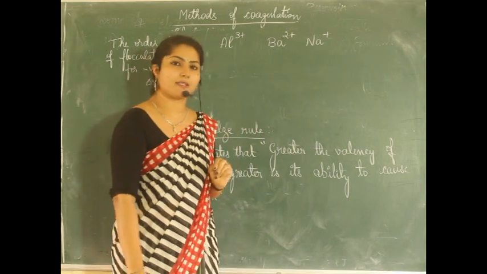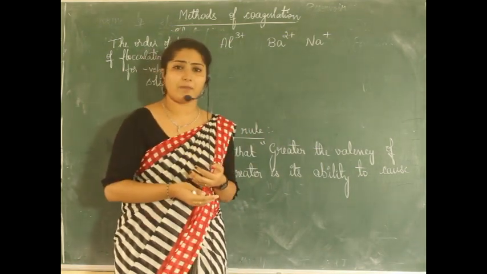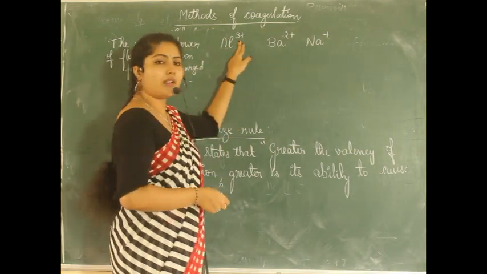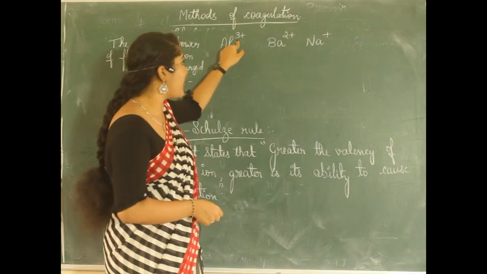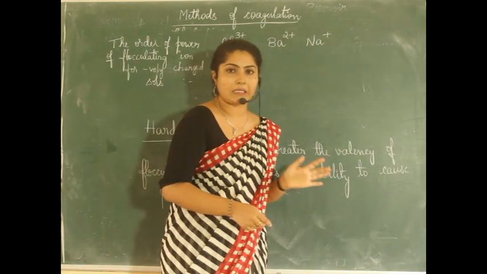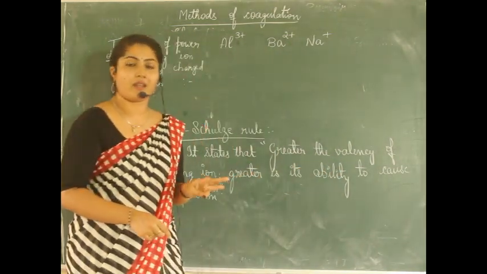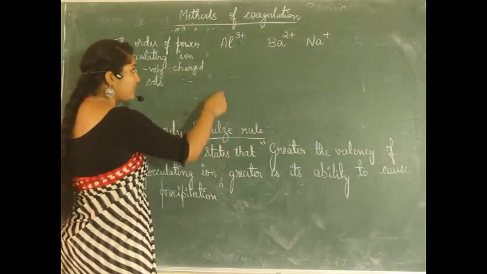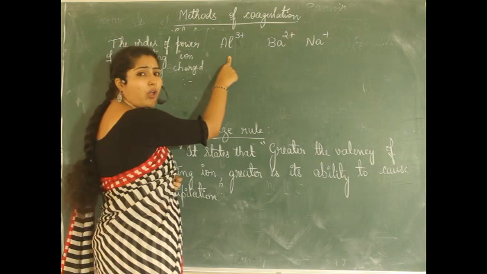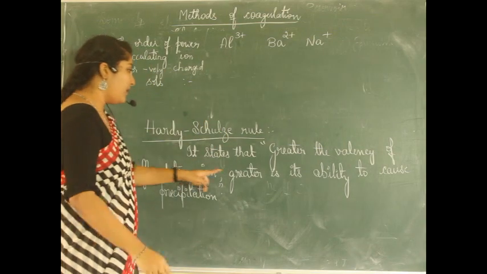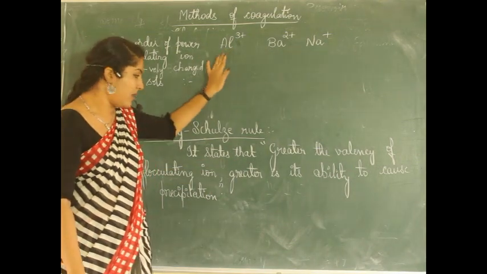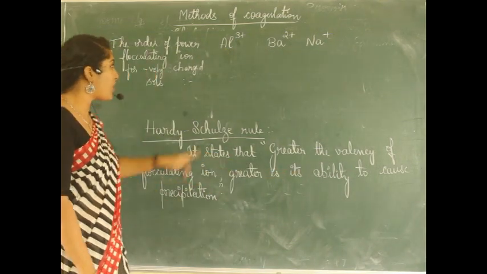and Na+. Which has more valency? You know what is valency, isn't it? So now here, which has more valency? 3+, 2+ or 1+? 3+. The valency is greater in aluminium, Al3+. So which one will have more flocculating power? Greater the valency of the flocculating ion, greater is its ability to cause precipitation.